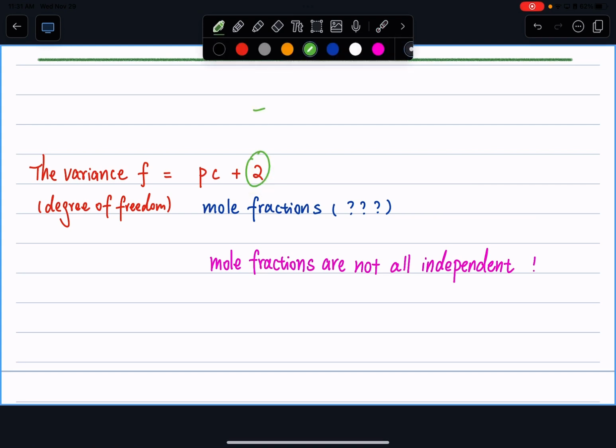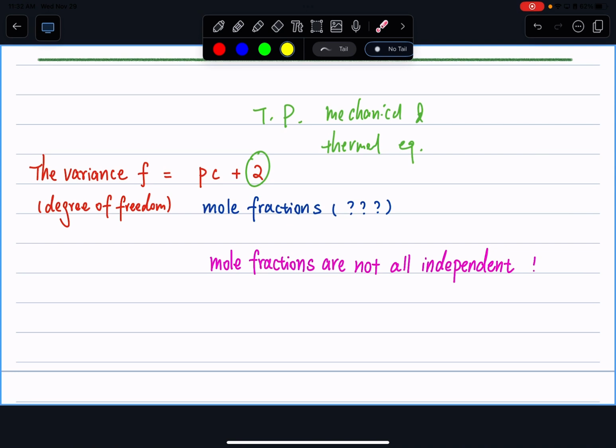That gives you the mechanical and thermal equilibrium. But we don't necessarily need P times C, because the mole fractions are not all independent. There are degrees of freedom we need to reduce because the mole fractions are connected to each other.